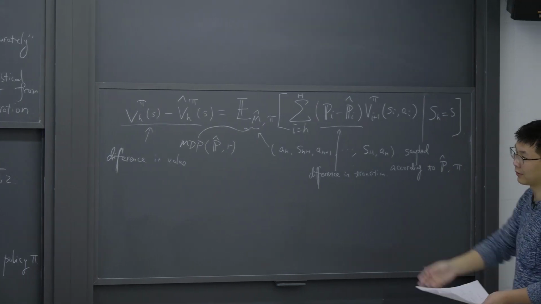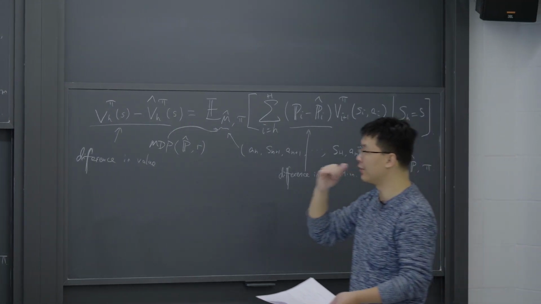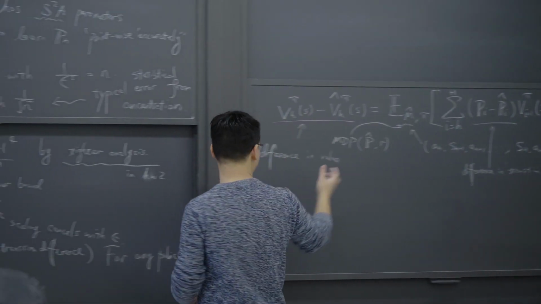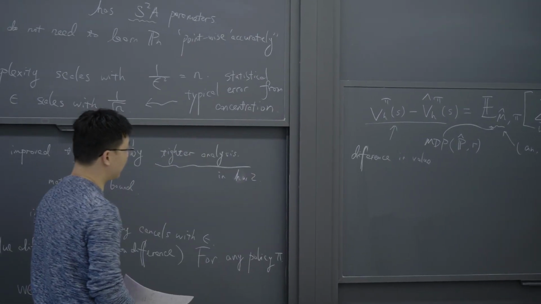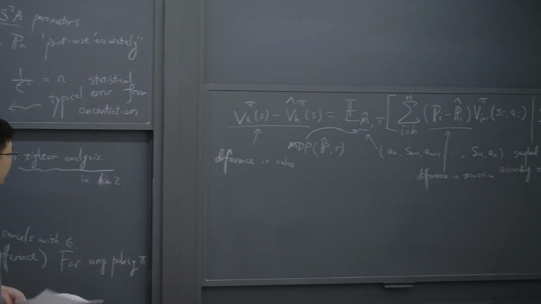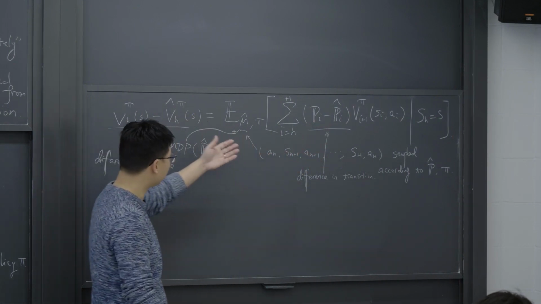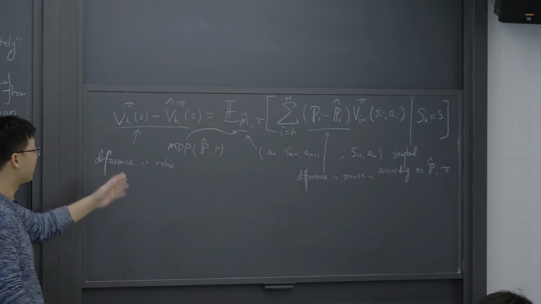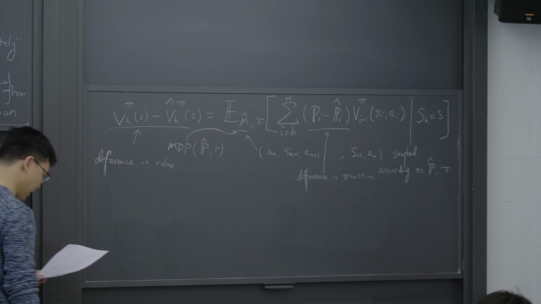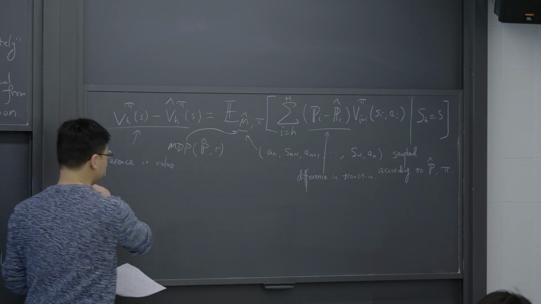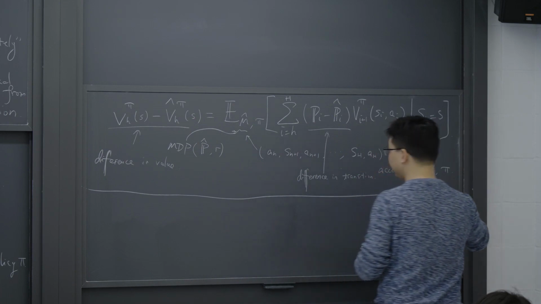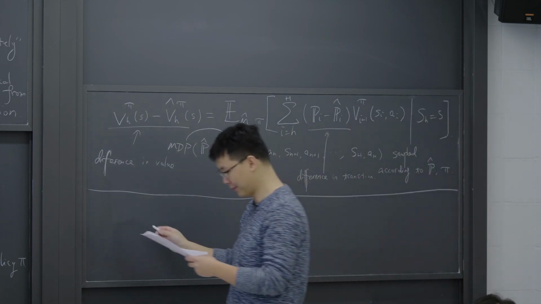So we achieve our goal of establishing the relation between the value difference and the transition difference. We can use this as our bound: if the transition has no error, or the error is very small, you can expect this value to be small just by looking at this formula. So we'll prove lemma 1.